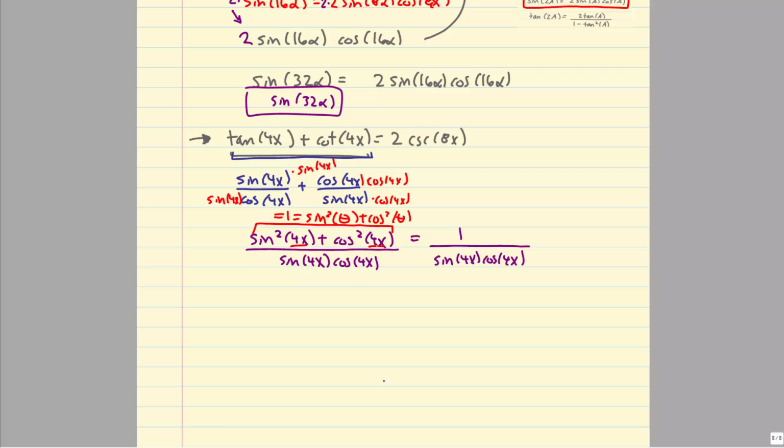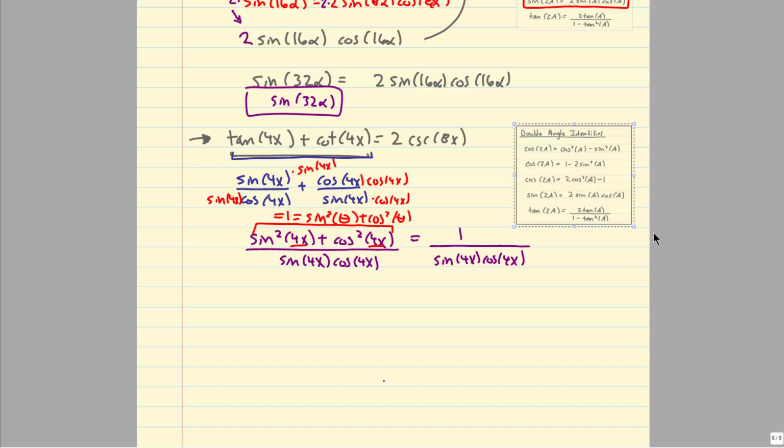And then from here I can rewrite this 1 over sine of 4x cosine of 4x. This almost looks like, let's go ahead and pull this in again, this piece right here, just in the denominator. The only thing I'm missing there is a 2, so I'm going to multiply top and bottom by 2.